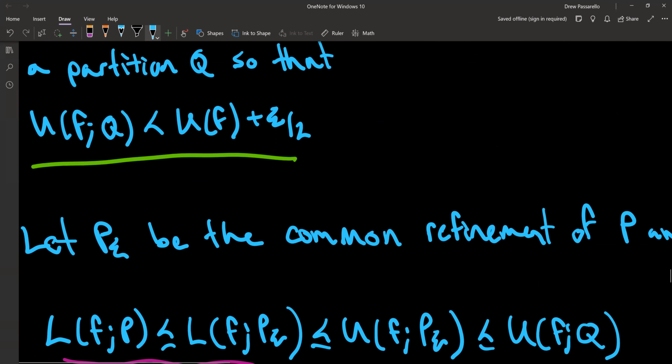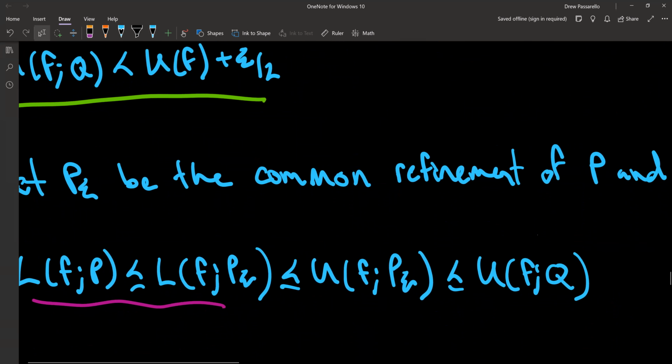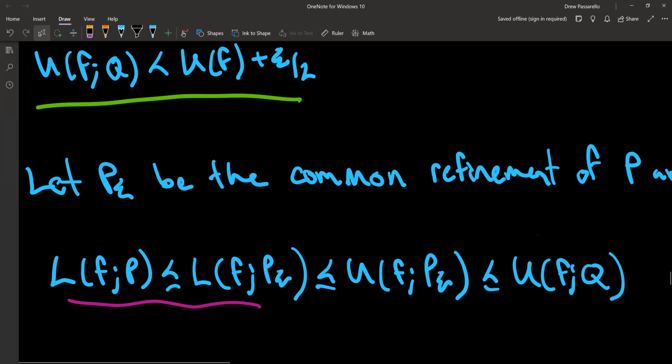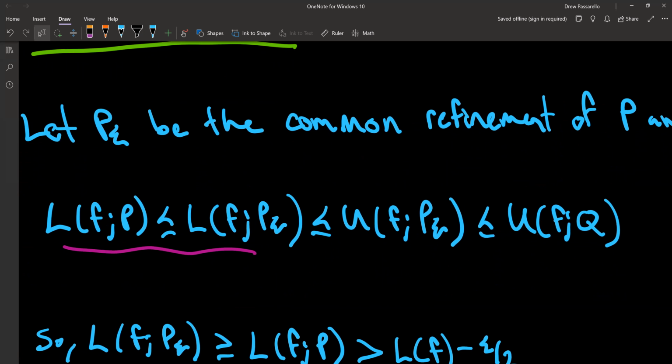So then let P of epsilon be the common refinement of these particular partitions P and Q. So then we know that the lower sum of P is less than or equal to the lower sum of P of epsilon, which is less than or equal to the upper sum of P of epsilon, which is less than or equal to the upper sum of Q, since that's a refinement.